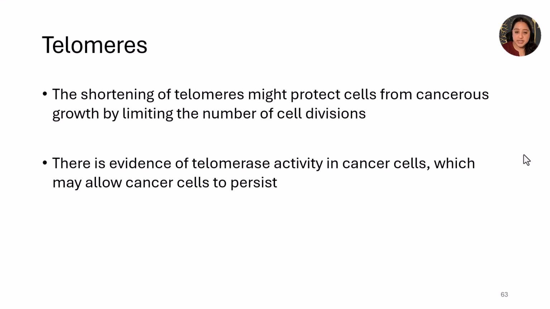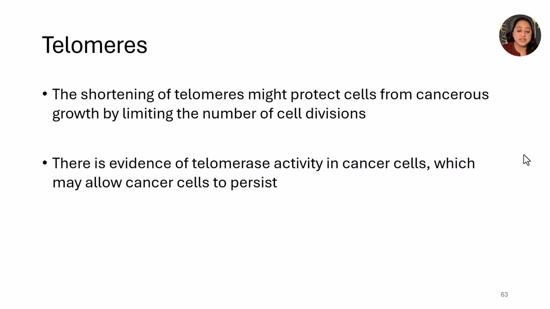And that, we think, is because the shortening of telomeres might end up protecting cells from cancerous growth by limiting the number of cell divisions. It would be great to live forever, but that's not actually good. And so, yeah, we think that the telomeres are shortened and shortened on purpose so that it limits the number of cell divisions.